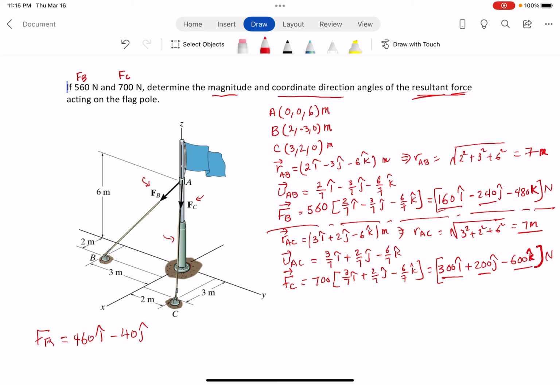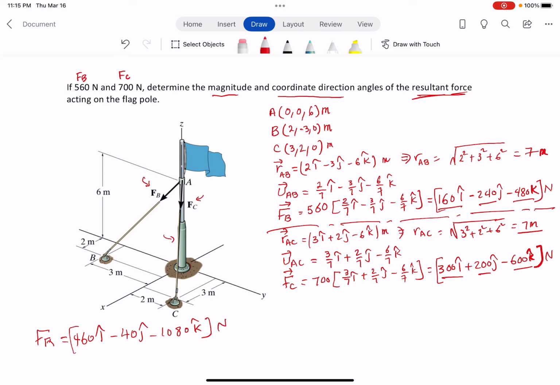And minus 600 and minus 480, added together, is minus 1080k. This is the force in Newton.